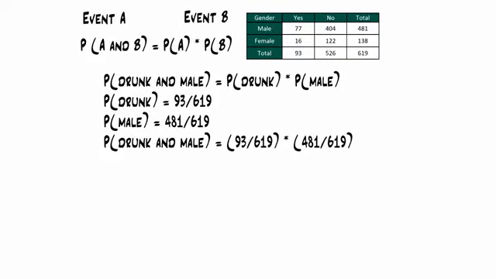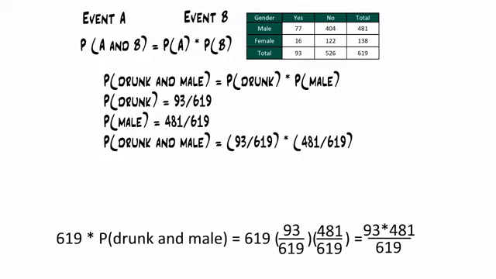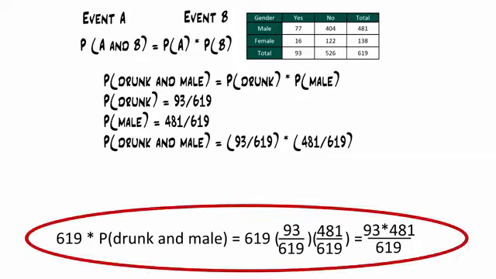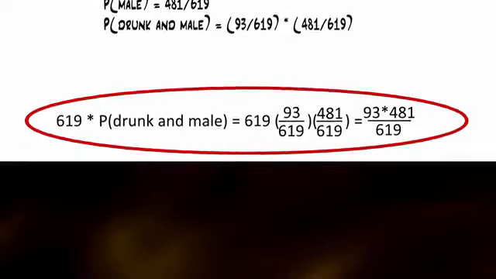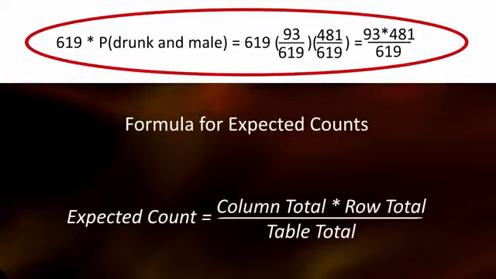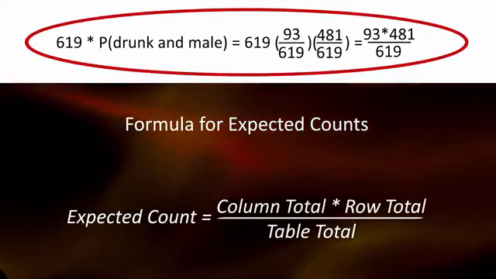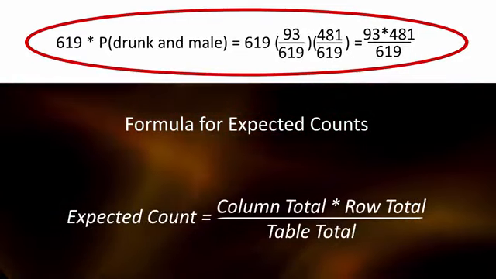Therefore, since there are a total of 619 drivers, if drunk driving and gender were independent, the count of drunk male drivers that we would expect to see is the following, circled here in red. So the formula for calculating expected counts is column total times row total divided by table total.